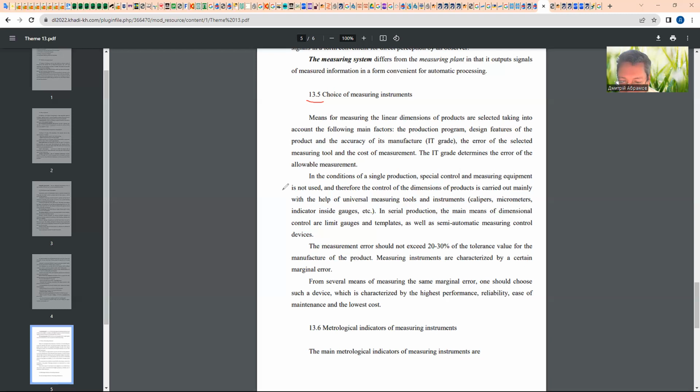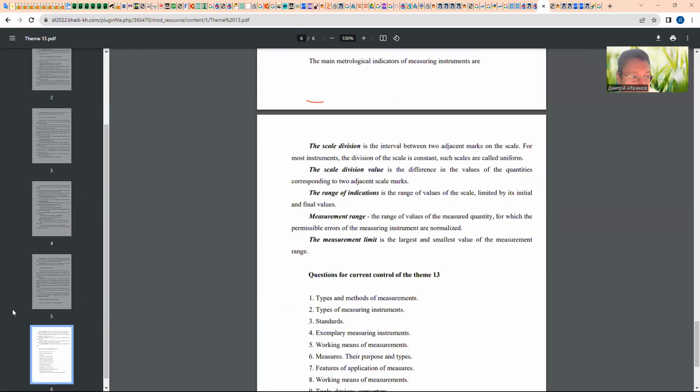Metrological indicators of measuring instruments. The main metrological indicators of measuring instruments are the scale division, which is the interval between two adjacent marks on the scale.